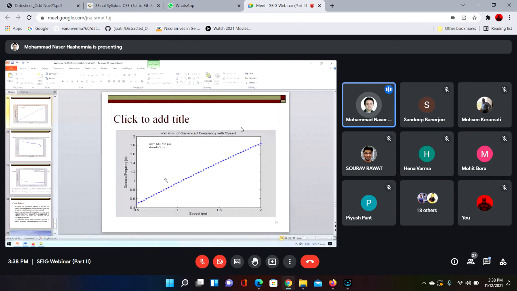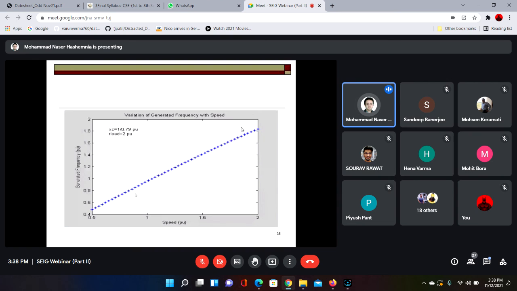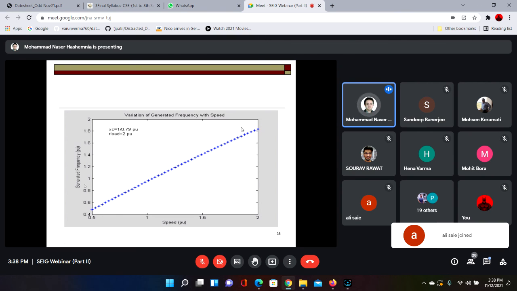This is the variation of the generated frequency when you change the rotational speed of the rotor of the self-excited induction generator. As expected, the more the speed, the more the frequency. But of course, this is an asynchronous machine. So A, which is this axis, is less than B, which is this axis.